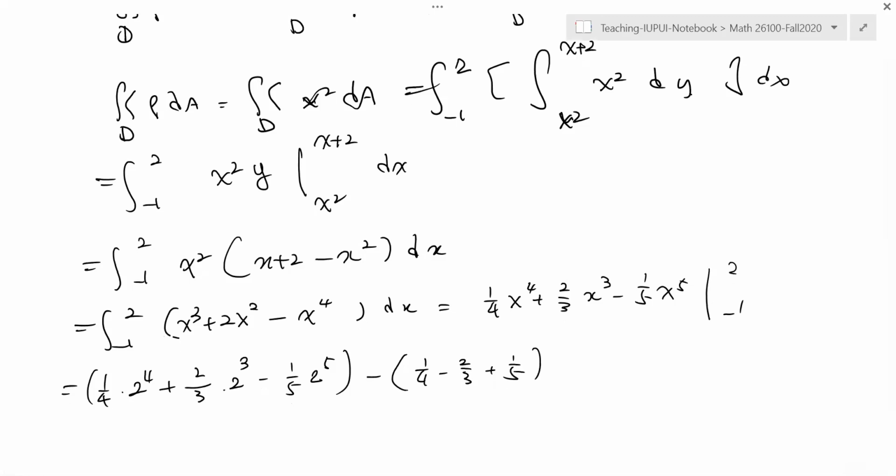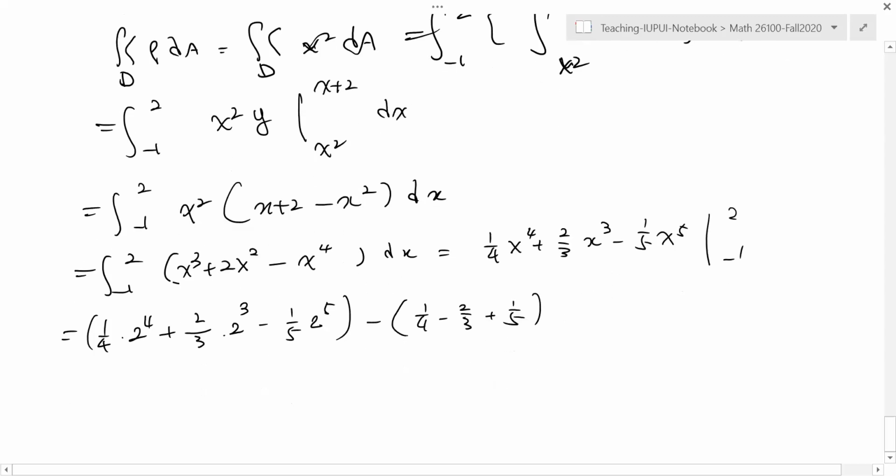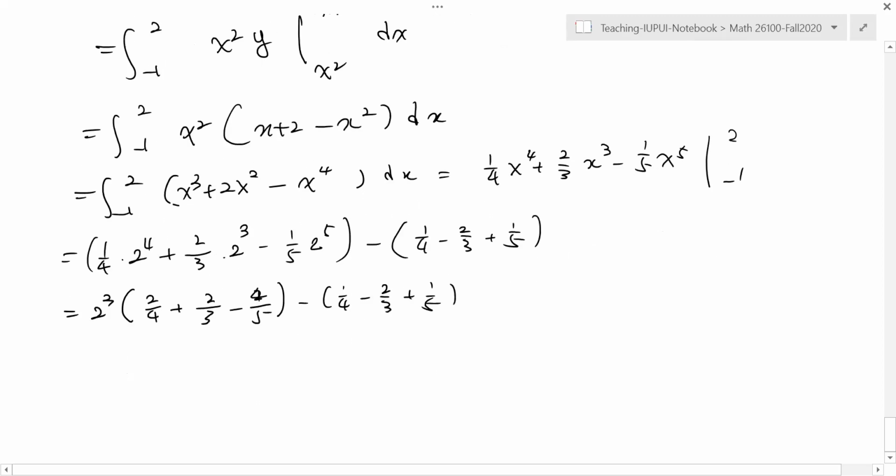To do this, we have to be patient. Take the large common factor out, which is 2 cubed. Take 2 cubed out, you get 2 over 4 plus 3 over 2 minus 4 over 5.